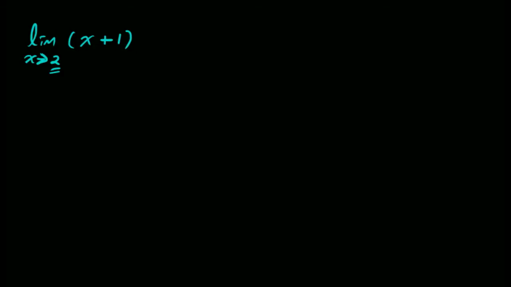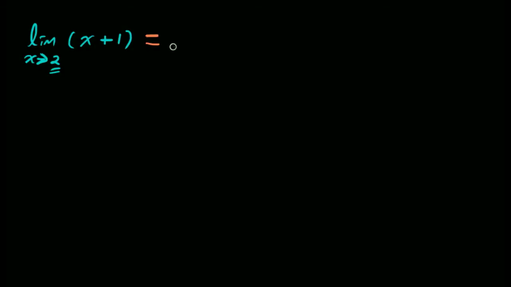But what I want to do in this video is show you how we can break this function up and demonstrate those limit properties that we talked about in the last video. Because we've got a sum of two different functions, you can look at this as the function f of x equal to x, and the function g of x equal to 1.